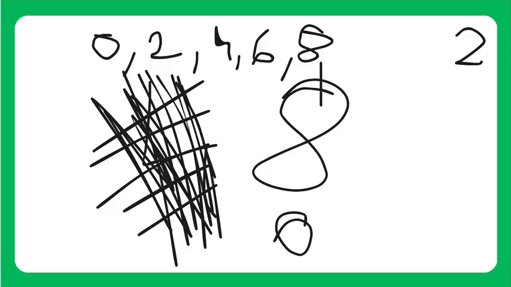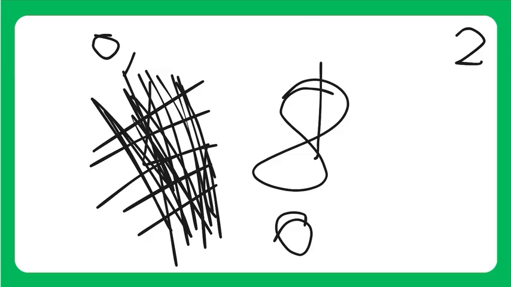In this case, we have 8, which is an even number. If you don't want to remember these 5 numbers, remember these are all even numbers, so the ones place has to be even. 8 is even, so this whole number is divisible by 2.